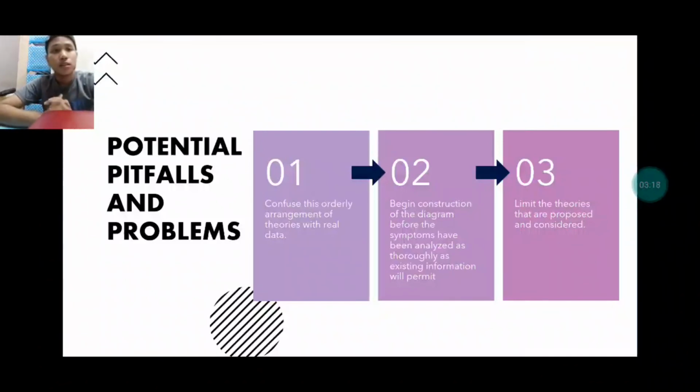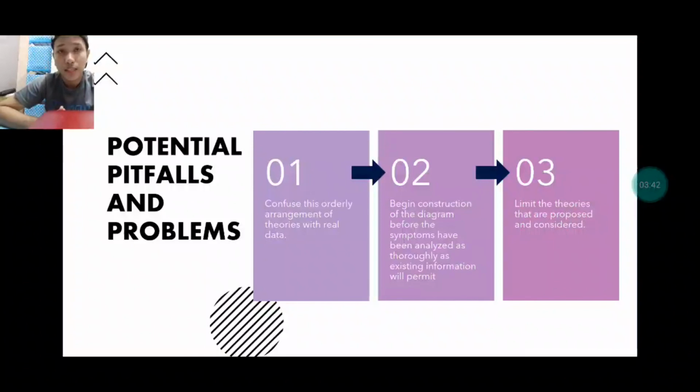Okay, so next is you begin the construction of the diagram before fully analyzing the information and situation of the causes and effects. What you need to do is to do the research thoroughly and understand it before you make the CE diagram.